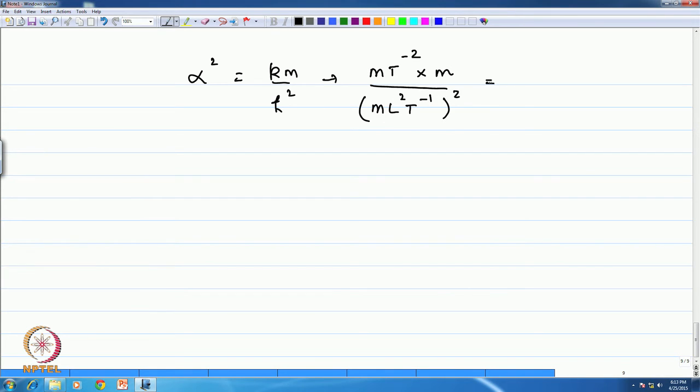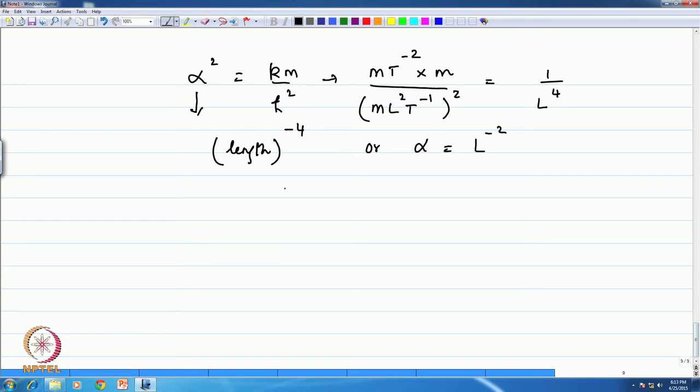So what you have is 1 by L to the power 4. Therefore, alpha square has the dimension of length to the minus 4, and alpha has the dimension of L to the minus 2.